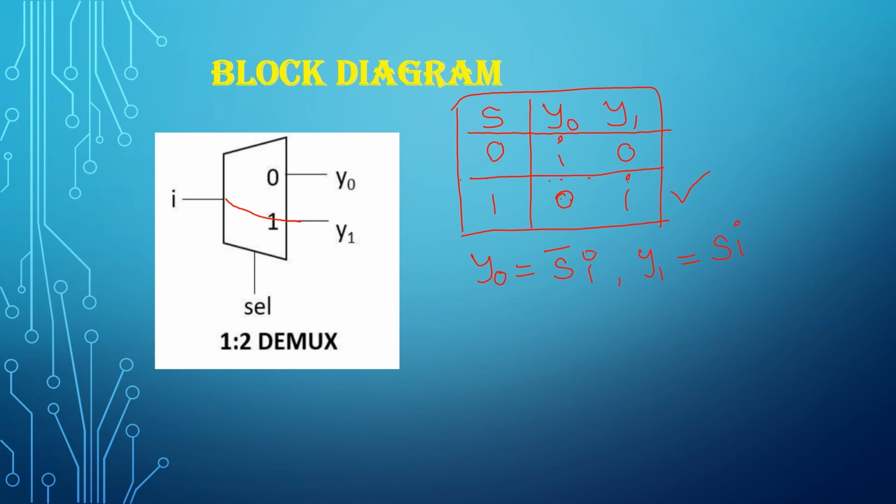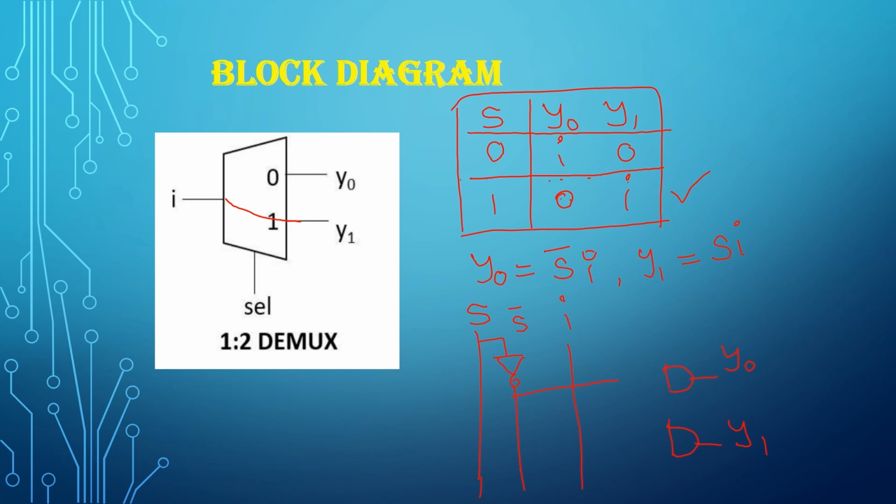Now let's draw the hardware circuit. We have the select input S, its complement S naught, and then another input I. Here we require two AND gates. The output of the first AND gate is y0, and the output of the second AND gate is y1.